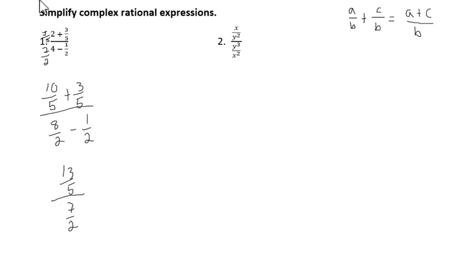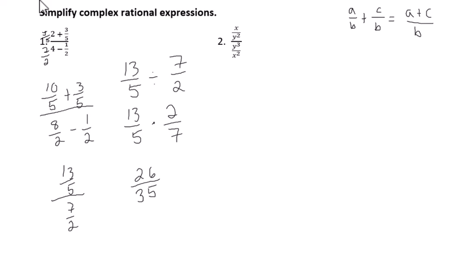So we can rewrite that as 13 over 5 divided by 7 over 2, which, as I showed previously, becomes 13 over 5 times 2 over 7. And all four of these are prime numbers, so there's no reducing here. So that gives you 26 over 35.